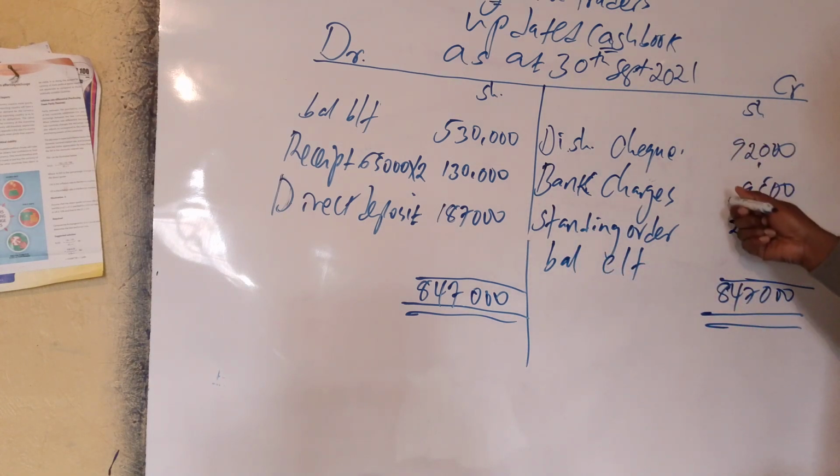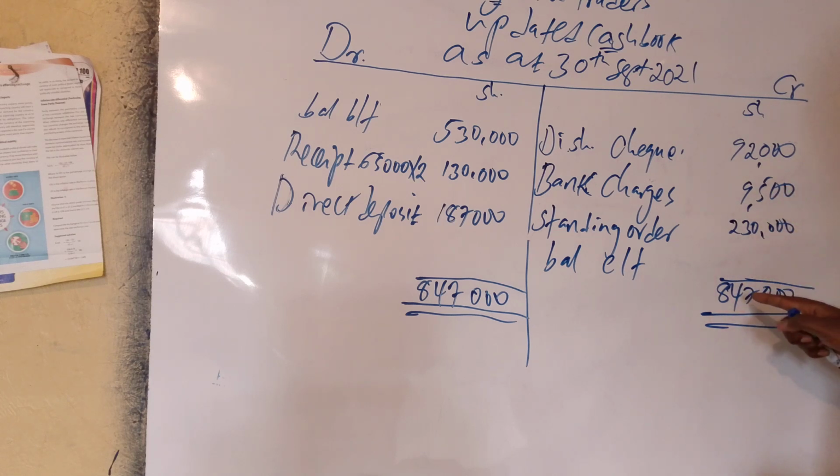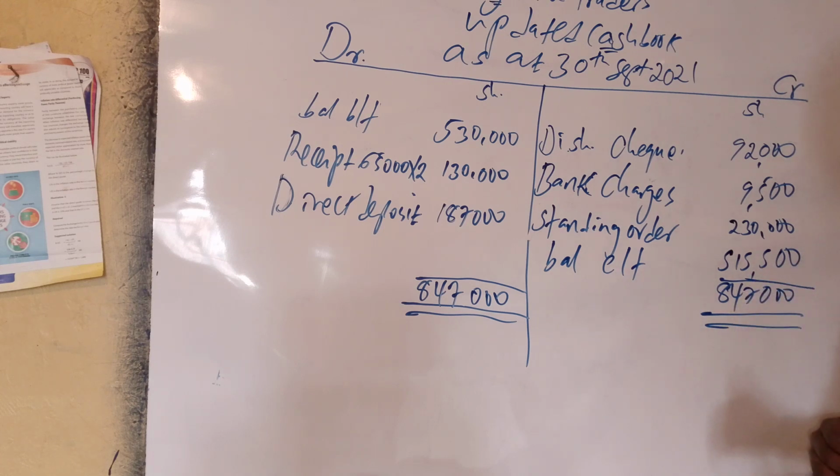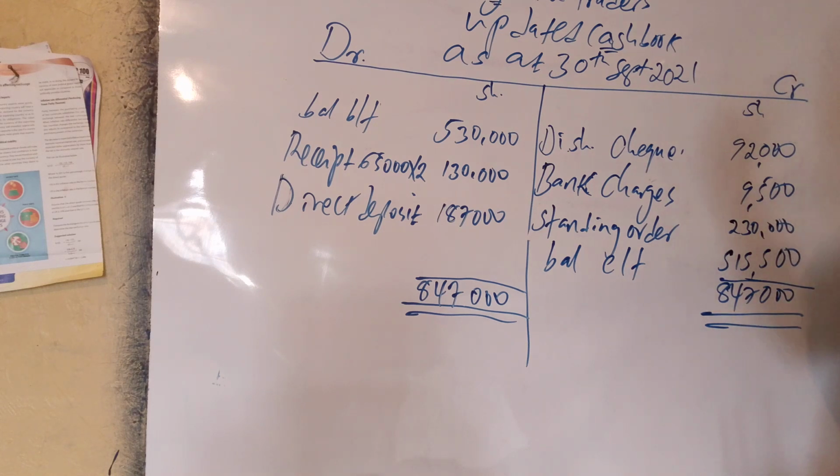If you take this plus this plus this, you are going to get 3,500. So you subtract 3,500 from 847,000. Probably we are going to get 500. That is the balancing figure, and that is what we call the updated cash book. You update it by correcting the errors done in the business.